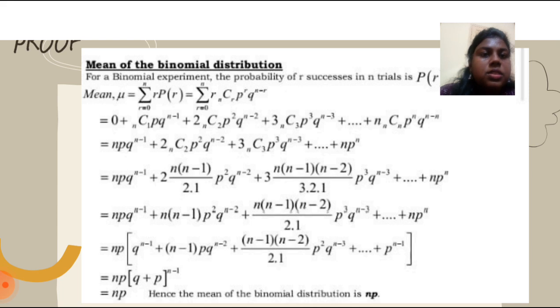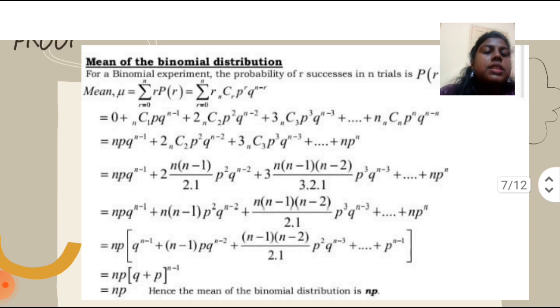Here the first term is 0, so the next term will be np q^(n-1) and plus 2 nC2 p^2 q^(n-2) and plus 3 nC3 p^3 q^(n-3), going on plus n p^n.